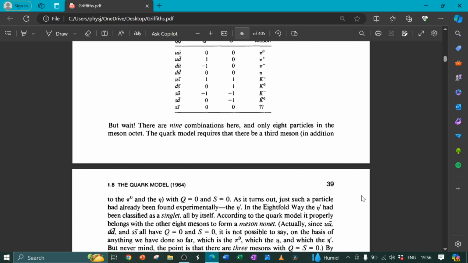Actually, since U bar, D bar and S bar all have Q equals 0 and S equals 0, it is not possible to say on the basis of anything we have done so far which is the pi 0, which the eta and which the eta prime. But never mind, the point is that there are 3 mesons with Q equal S equal 0.